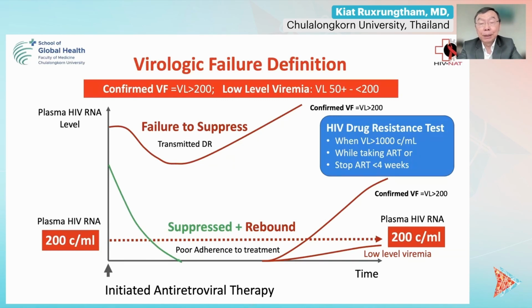But in some particular settings, they might be able to pick up, though less sensitive, at the level of 500 copies per ml. And we should perform the test while the patient is still taking that particular ARV regimen, or has stopped it less than or within 4 weeks.